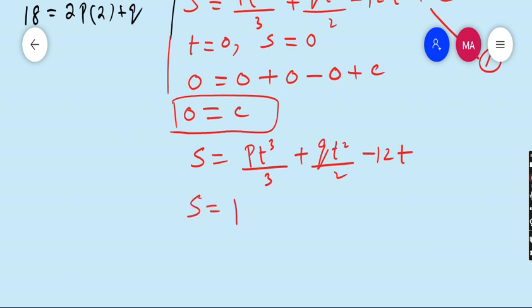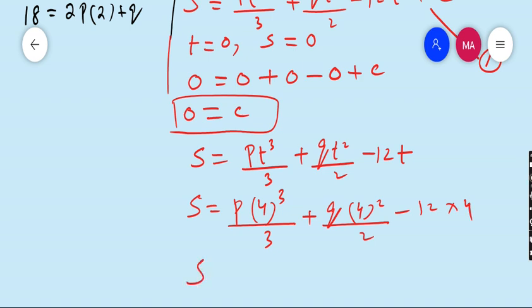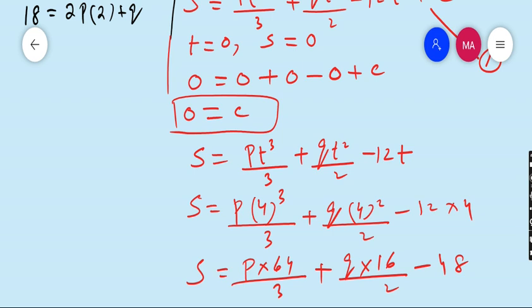So s is equal to p times 4 cubed upon 3 plus q times 4 squared upon 2 minus 12 into 4. S is equal to p times 64 upon 3 plus q times 16 upon 2 minus 12 times 4 is 48.